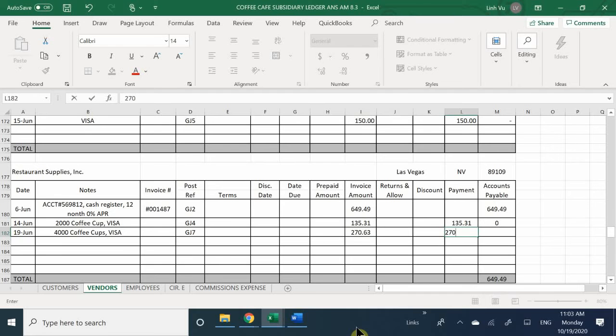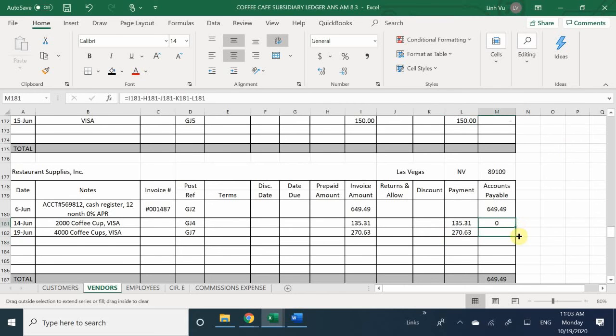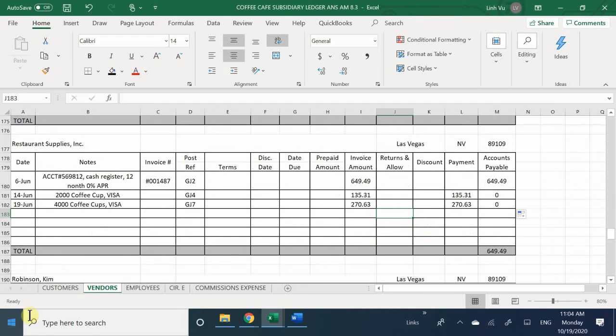Same amount. 270.63. And if you brought down the formula, it should be 0. You owe nothing to them. But this is just a point of reference in case you need to make a return, then your return would apply. Okay?